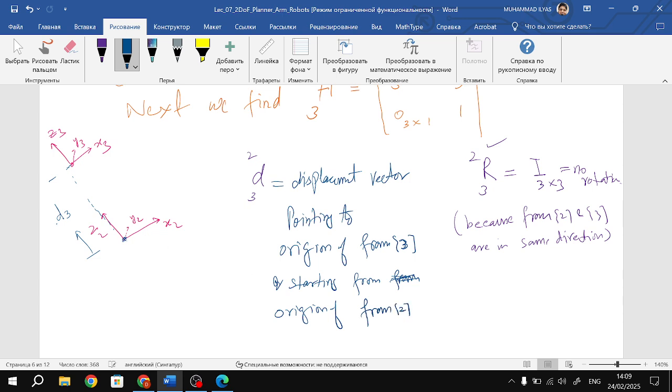That is clear. It is starting from here and going to the origin of frame 3.